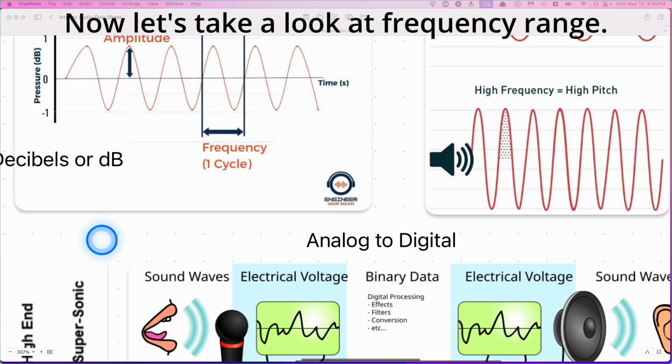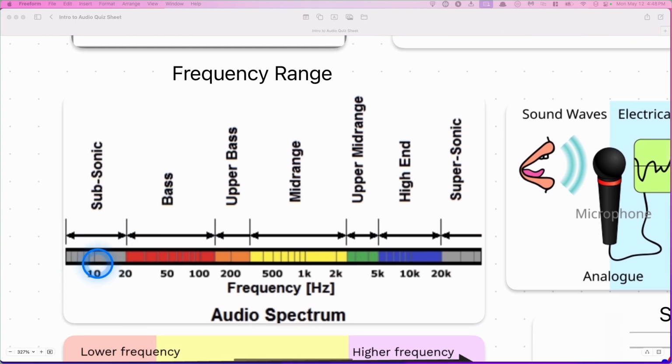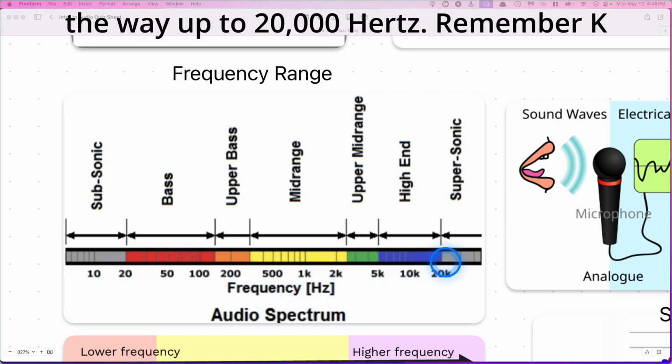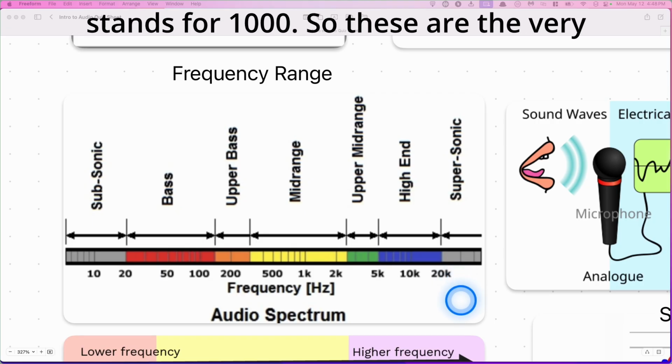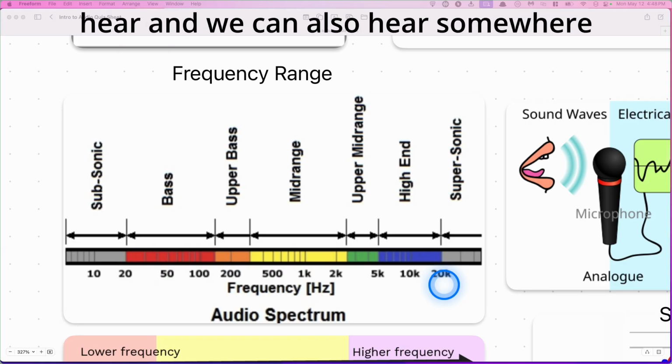Now let's take a look at frequency range. This is 10 hertz, 20 hertz, goes all the way up to 20,000 hertz. Remember, K stands for 1000. So these are the very, very high tones that a human being can hear.